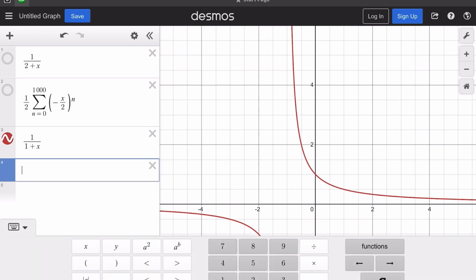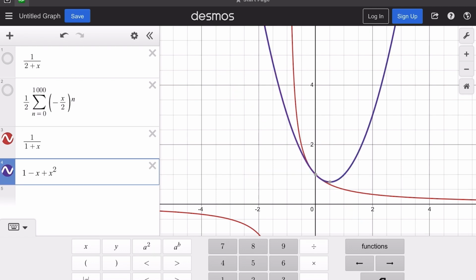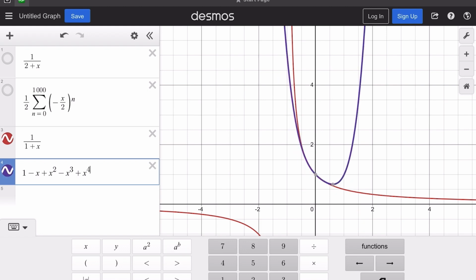So you're going to notice that you get 1 minus x plus x squared. So now we have a parabola, but we can keep going. Minus x to the third plus x to the fourth minus x to the fifth plus x to the sixth.